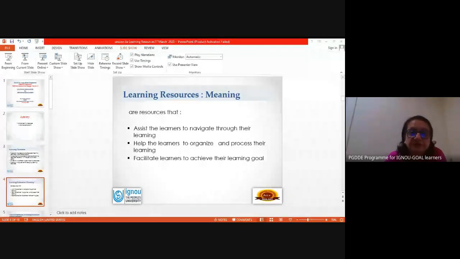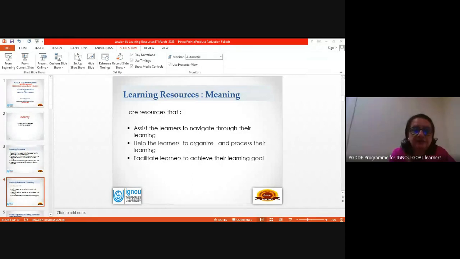So keeping in mind the fact that their contexts are different, it is important to understand that when we are talking about learning resources, we are talking about those resources which help the learner to navigate through their learning. Because of this distance, because the teacher is not available at all times, it is very necessary that the material that is designed should act like a teacher in print.